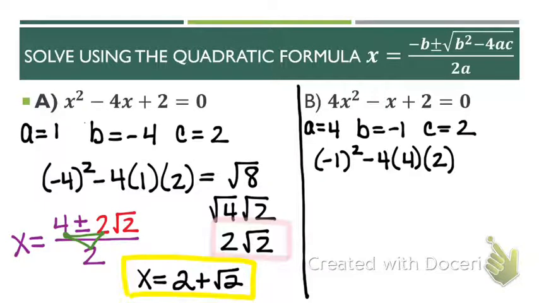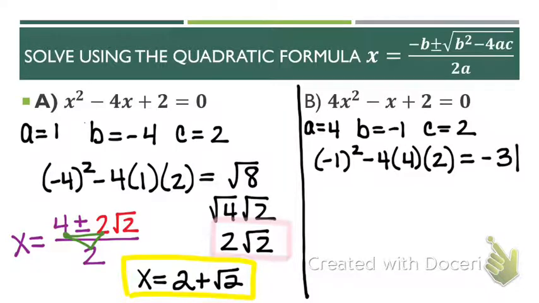So because we get a negative, what does that mean? How many solutions do we have? How many real solutions do we have when you get a negative? 0. So this parabola will not touch down to the x-axis. It's going to be above the x-axis. So there are no real roots.